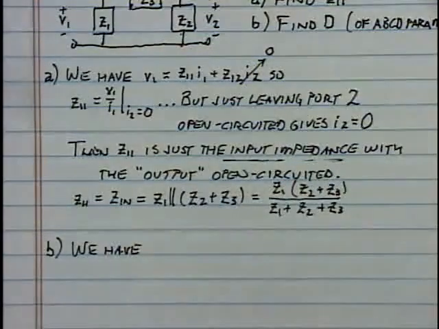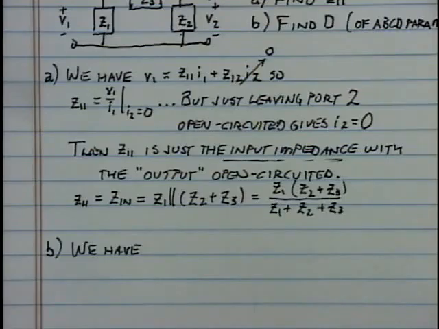All right, let me turn back to the definitions of the ABCD parameters. That's the matrix equation at the top of the first column on page 2. I need the second row of that matrix equation.